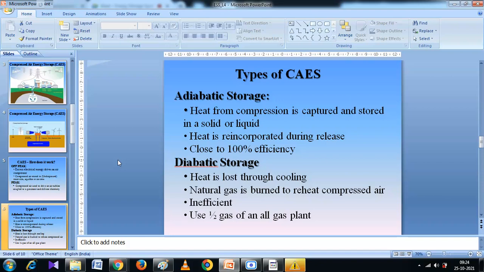So we have to use some natural gas, mix it with the compressed air, and burn that, so we can get the pressure and corresponding heat. So with respect to the adiabatic storage system, we can say that this is less efficient, and in the diabatic system, we can use about half of the compressed air stored.